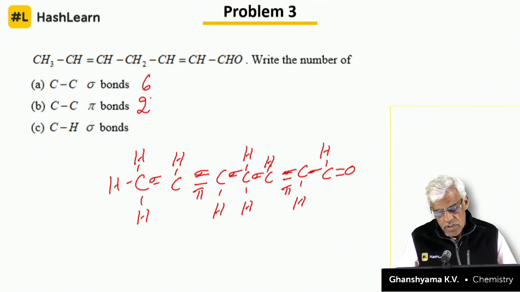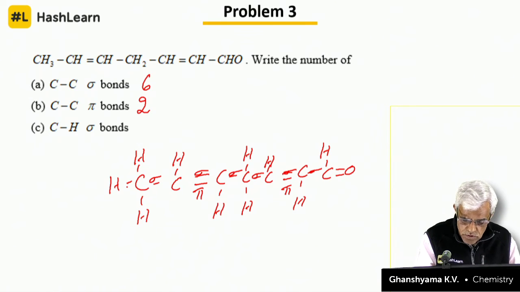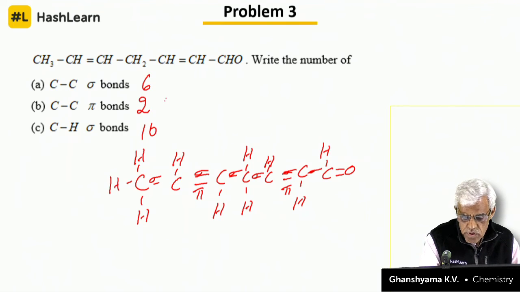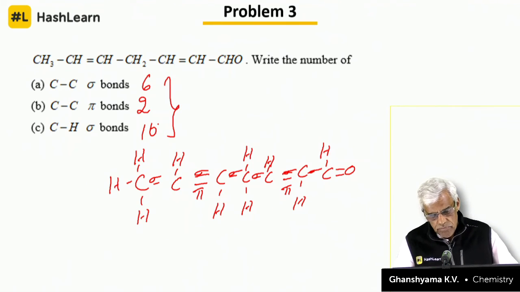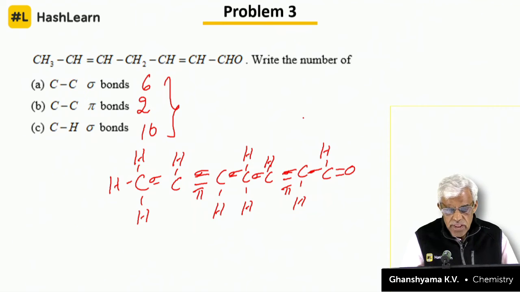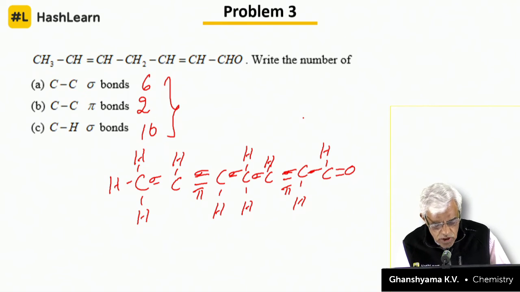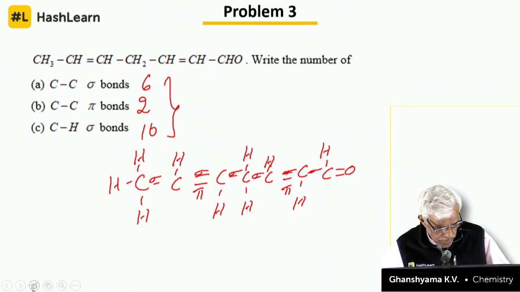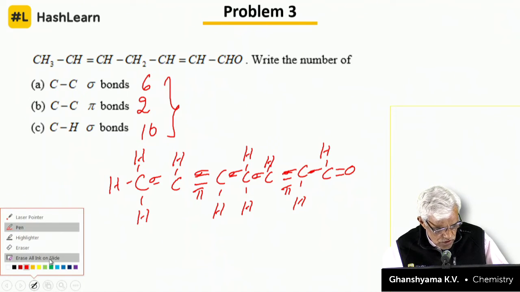Carbon-hydrogen sigma bonds: 1, 2, 3, 4, 5, 6, 7, 8, 9, 10. 10 are there. Okay. So, this is how we write the number of sigma bonds, number of pi bonds, etc. We shall try to know the IUPAC name of this compound.